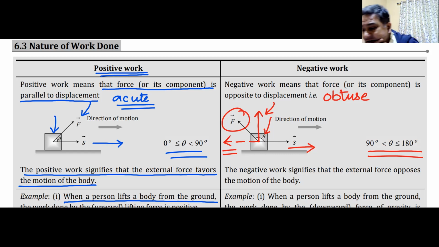This is there already in your notes. So if you miss something, you can always write it from the notes that are already there with you in soft copies. That is the example of positive and negative work. We have already discussed this.